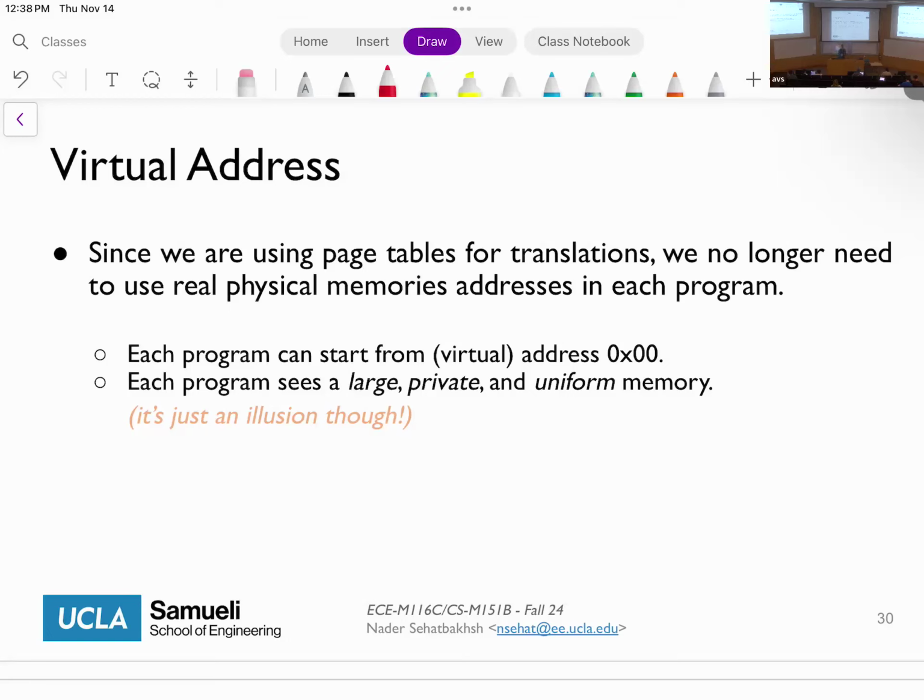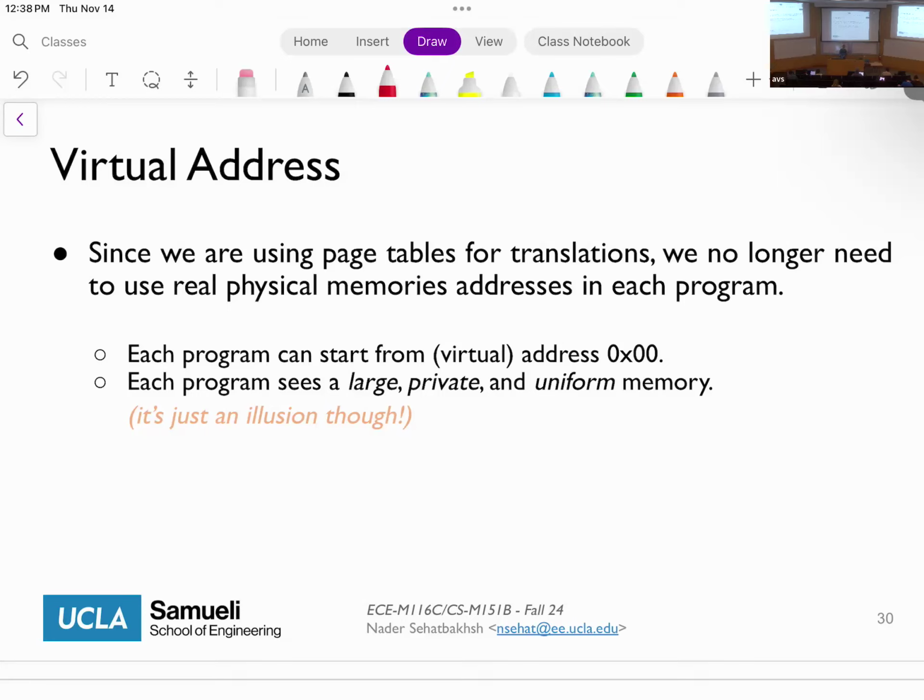But the good thing about this approach, although it comes with this additional overhead of translation, is that every single program considers the memory for itself. It thinks that it has access to every single address in the memory. All the addresses start at 0, and every address is continuous, right?